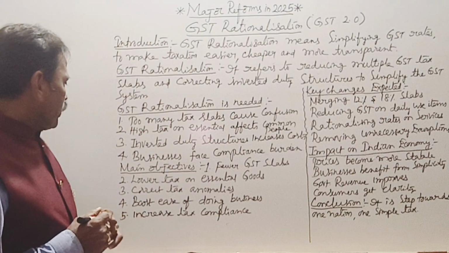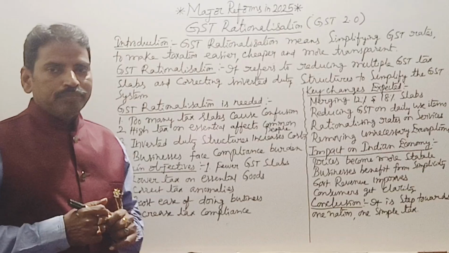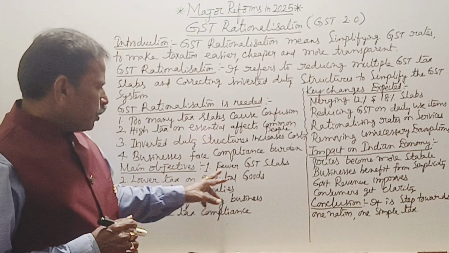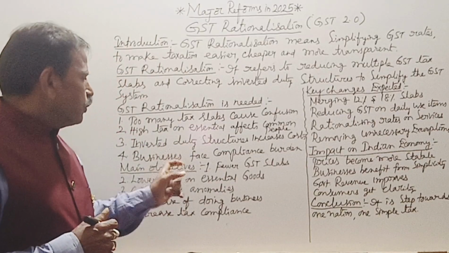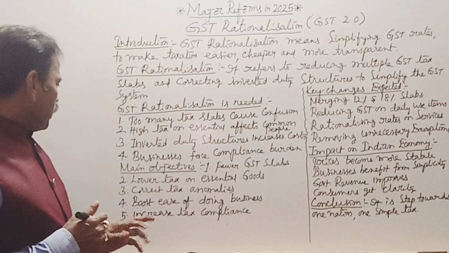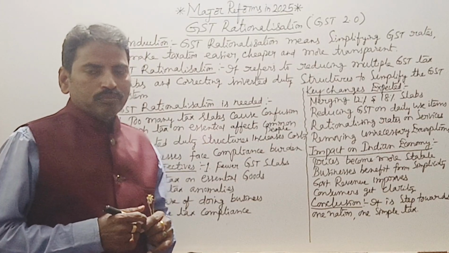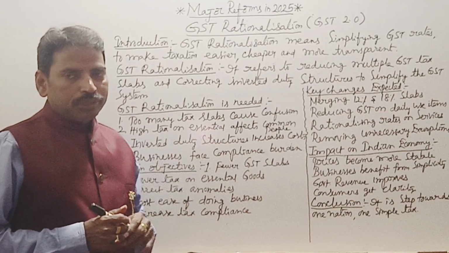Next, the main objectives of GST rationalization. The main objectives are: one, fewer GST slabs. Next, lower tax on essential goods, that is, less tax on essential goods.